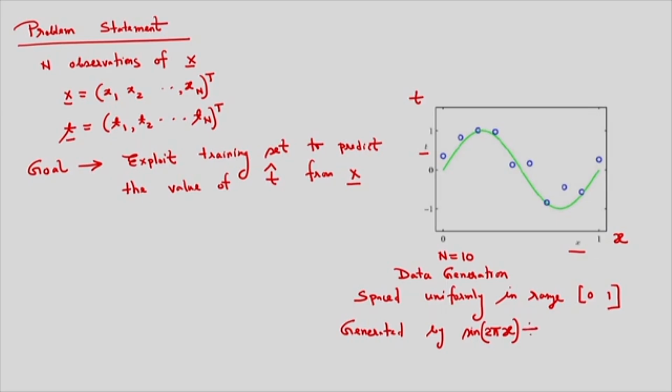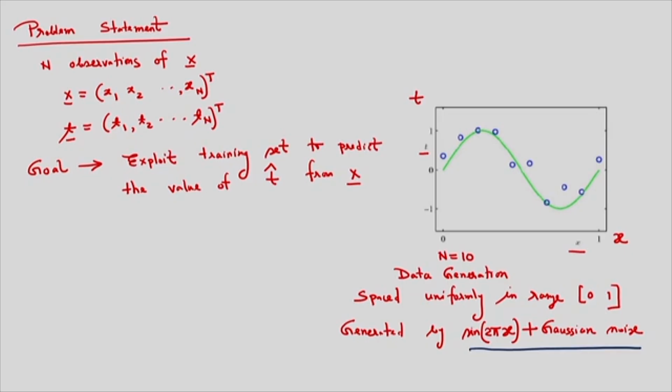And maybe we can consider the addition of some noise, Gaussian noise, and these noises are typically unobserved variables. So if I consider these data points, they can be generated by the function sine 2 pi x plus some noise.